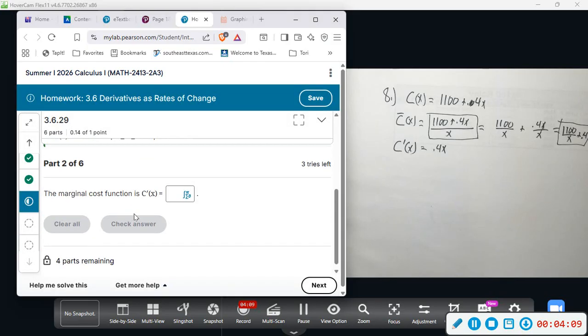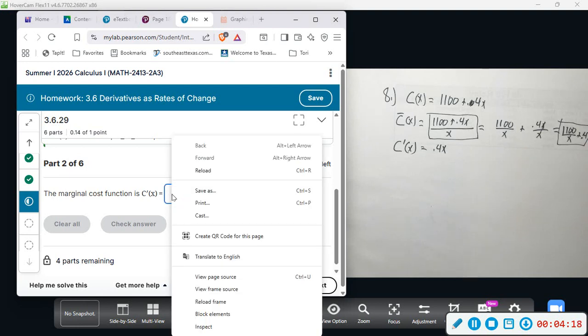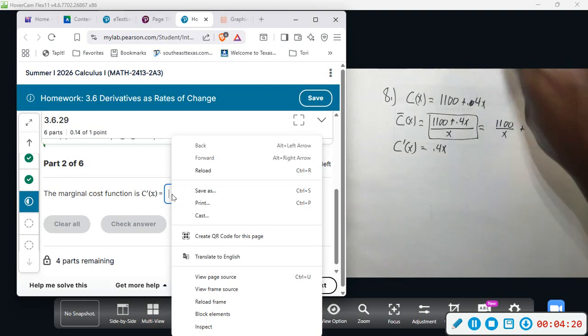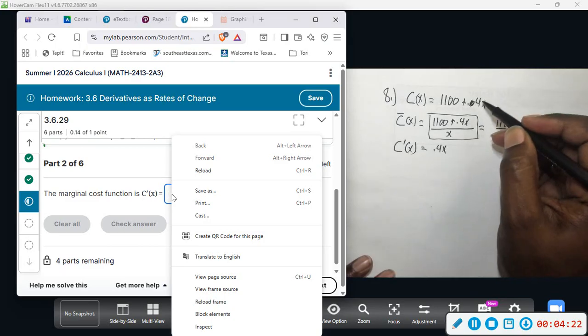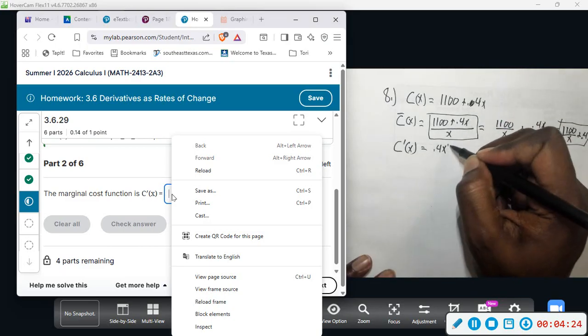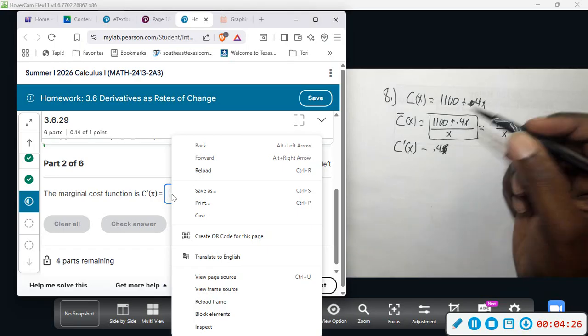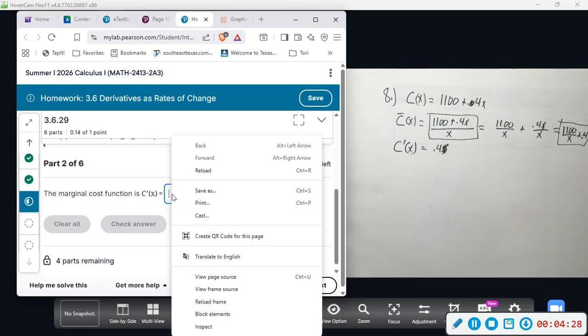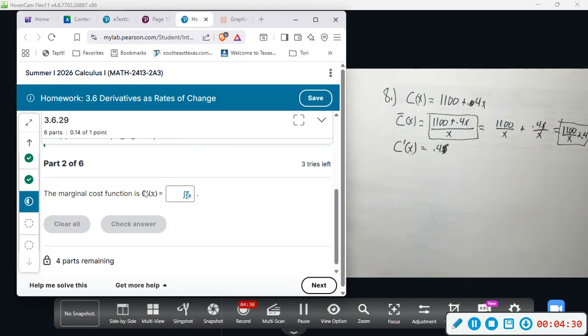All right. The marginal cost function, whenever we do the derivative, that x is 1 multiplied by 1 and it goes away. So it's just 0.4 is the marginal cost.